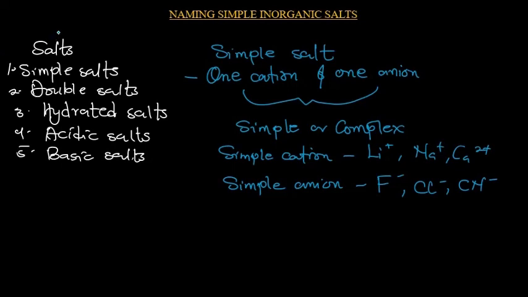Then how do you name salts that are simple salts? Now let's look at how we can name such salts. The first thing you have to take note of is that you have to separate the salt into cation and anion.